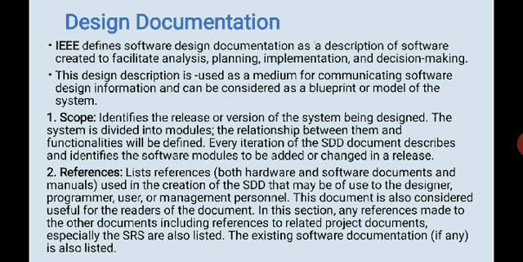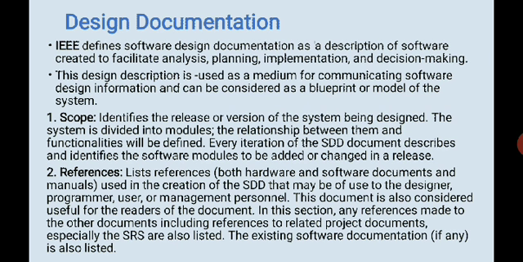We did it earlier also, and this documentation is very, very important. So IEEE defines software design documentation as a description of software created to facilitate analysis, planning, implementation and decision making. This design description is used as a medium for communicating software design information and can be considered a blueprint or model of a system.